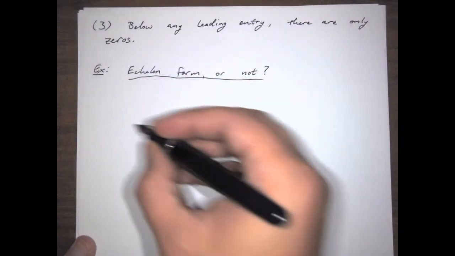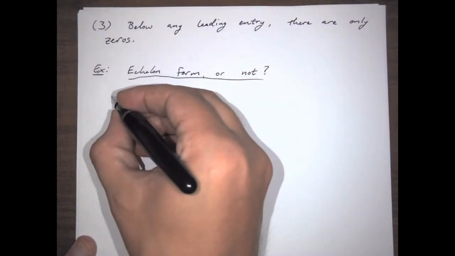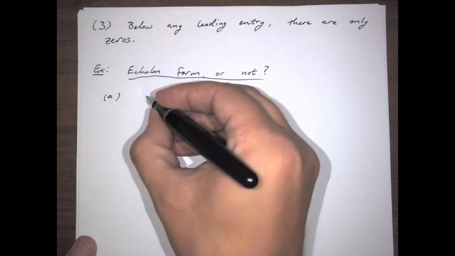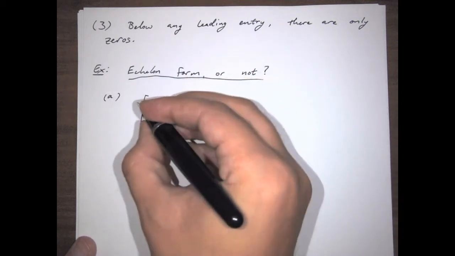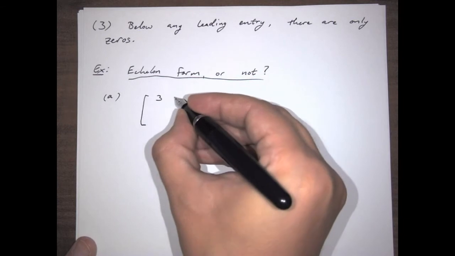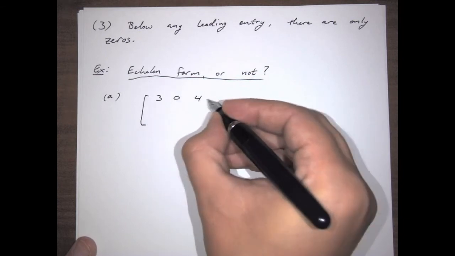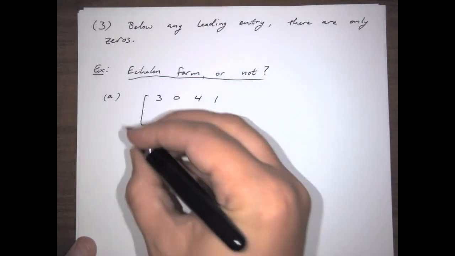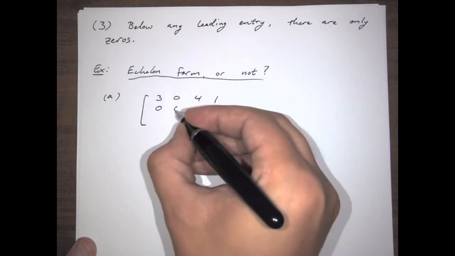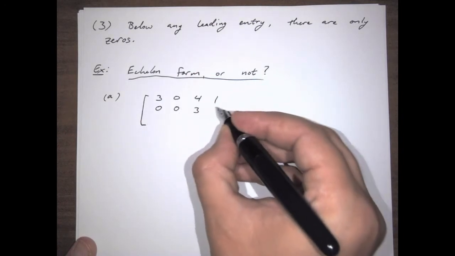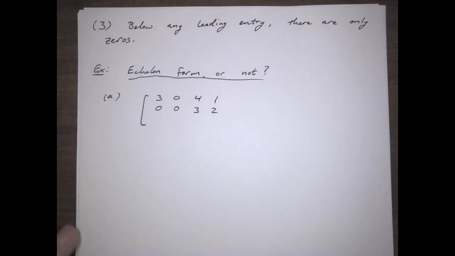So one that is not in echelon form could be, for example, this. Let's say we had 3, 0, 4, 1, and then 0, 0, 3, 2. So right now, as of yet, there's nothing wrong with this. This would be in echelon form as written.